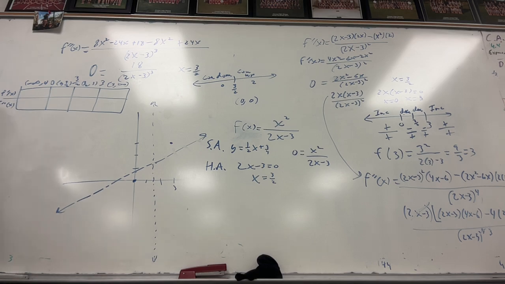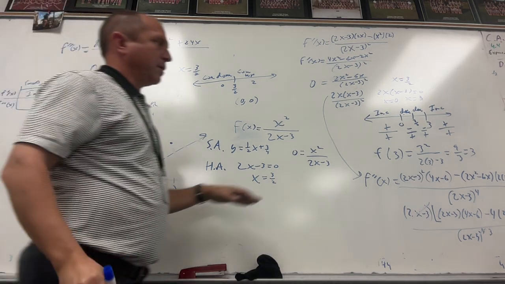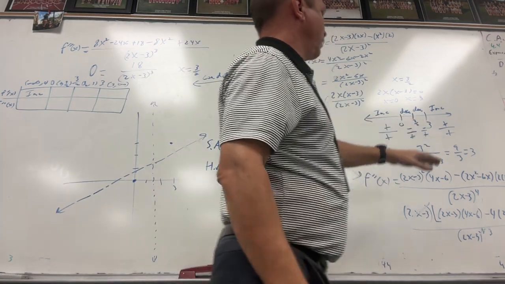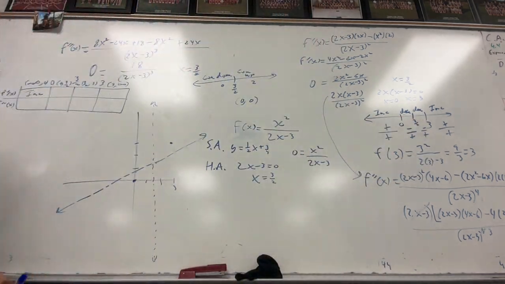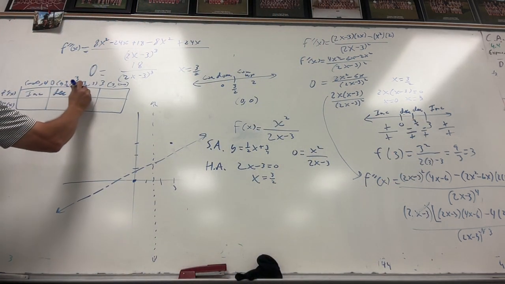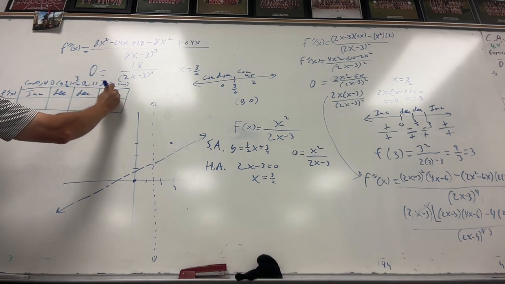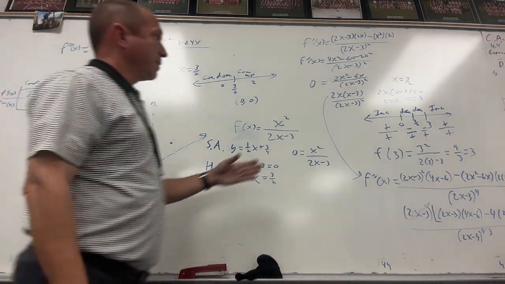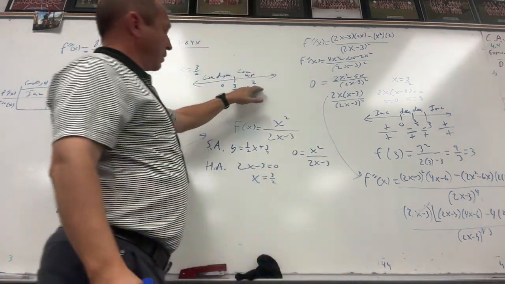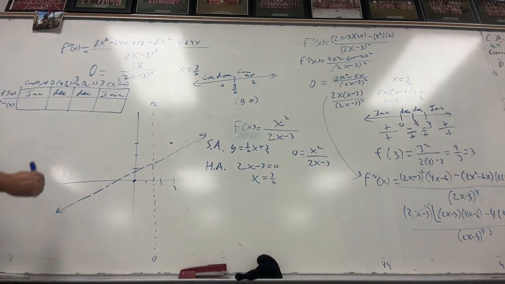All right. We increase till we get to 0. Then we decrease, and again, I'm looking over here. We decrease between 0 and 3, right? And then we increase once we pass 3. Okay, and all that came from here. Now for the concavity, we look at this number line that we already solved out.